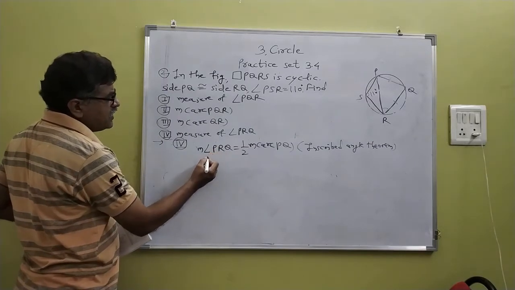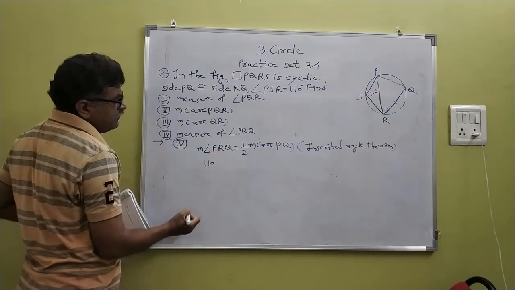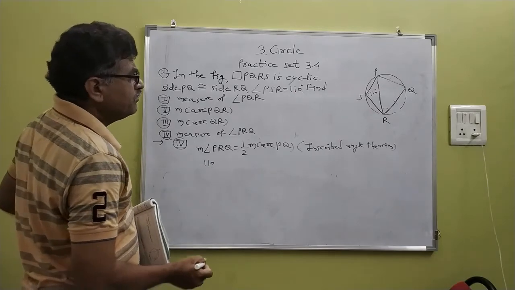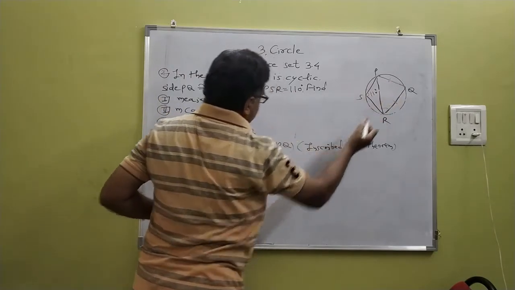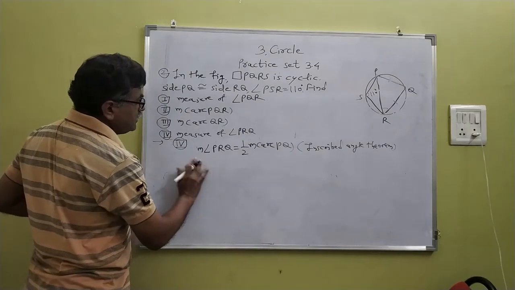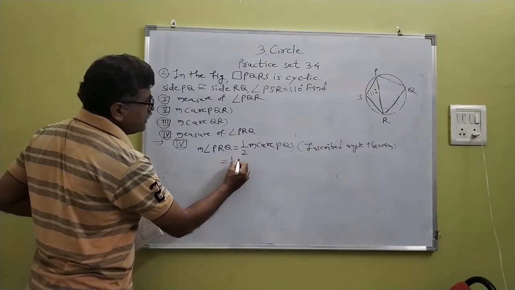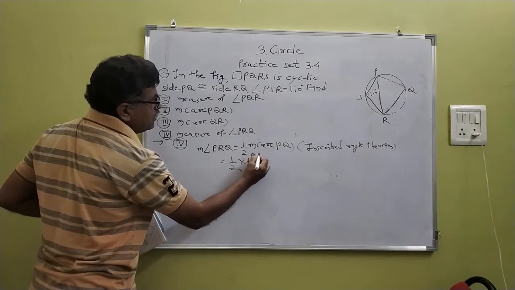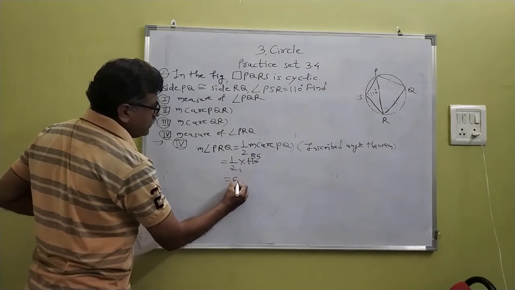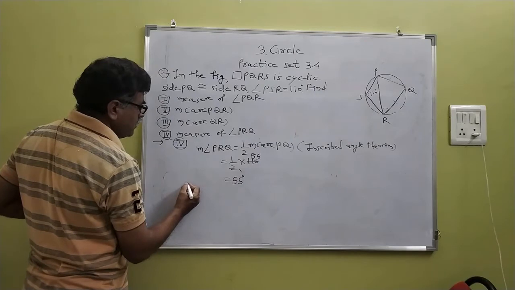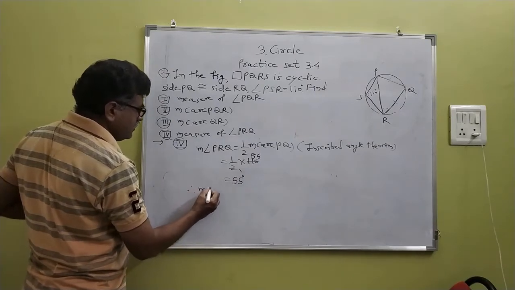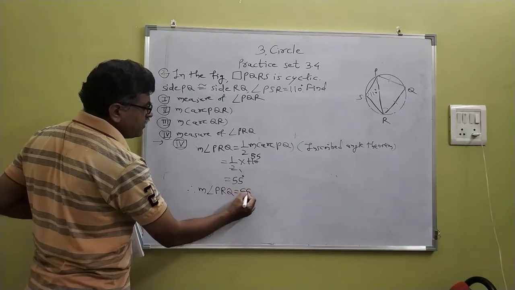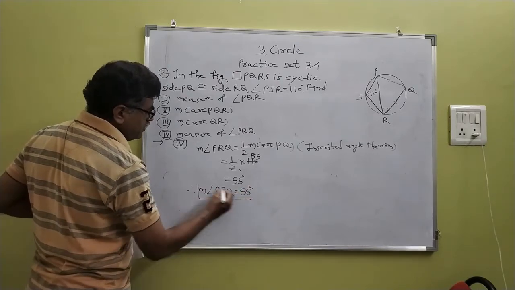Now put the value: 1 upon 2 into 110, dividing by 2, is 55. Therefore, the measure of angle PRQ is equal to 55 degrees. This is the fourth.